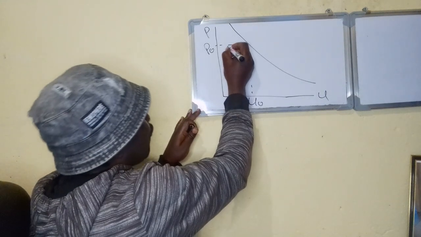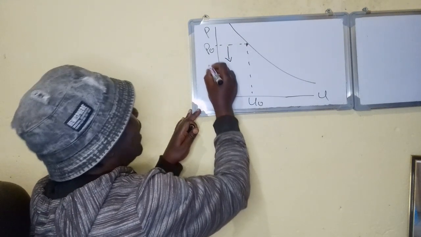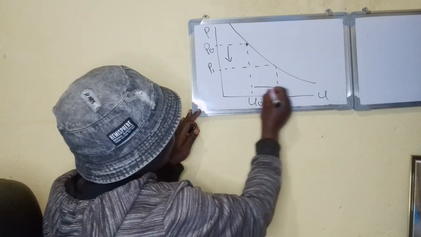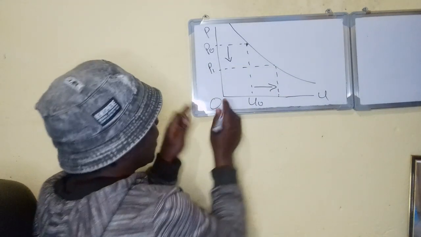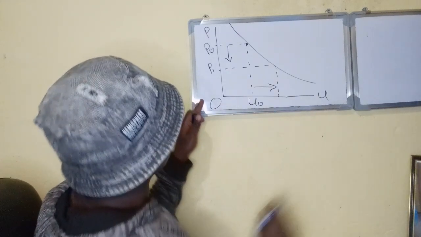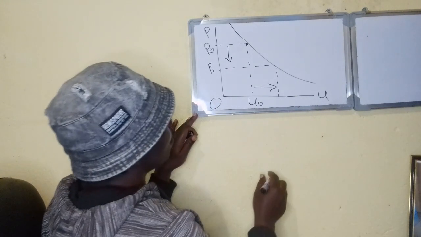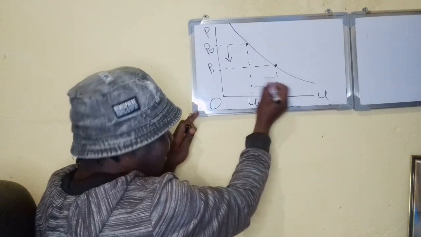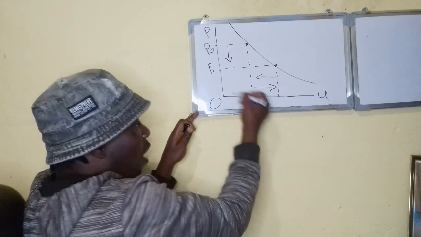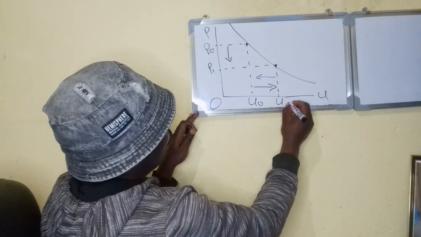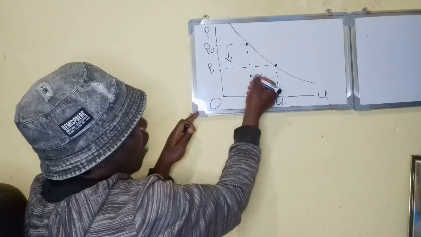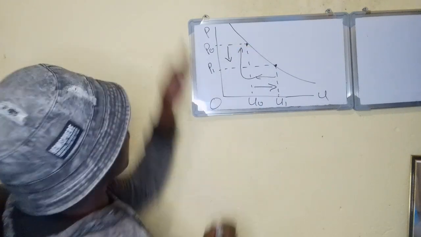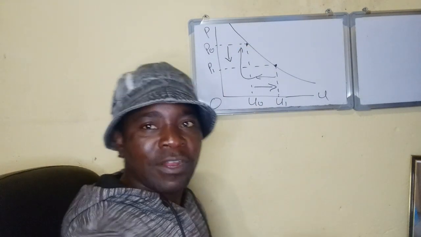So in order to fight inflation, to bring it down to P1, for example, we need to be aware that unemployment will grow. Remember, numbers start from 0. When you are going that way, you are growing. When you are going that way, you are growing. So there's a trade-off. In order to fight unemployment, to bring it down from U1, for example, you must understand that it will go hand in hand with rising inflation. So this is the Phillips curve.